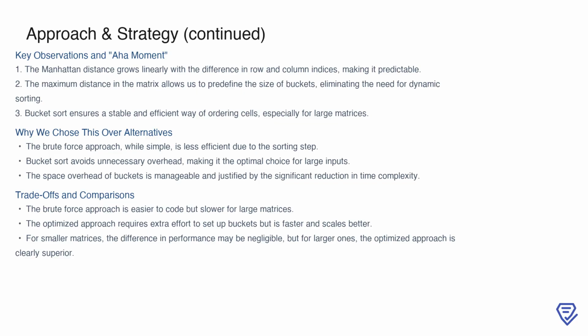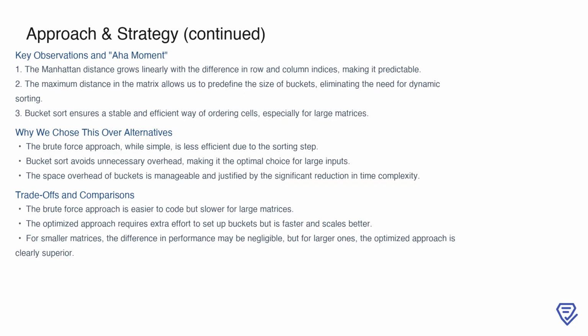First, the linear growth of Manhattan distance with respect to row and column differences makes it highly predictable. This predictability allows us to predefine the size and structure of the buckets, eliminating the need for dynamic sorting. Second, the maximum possible distance in the matrix is easy to calculate, which simplifies the setup of the bucket sort process. This method ensures an efficient and stable way to order the cells, even for very large matrices.